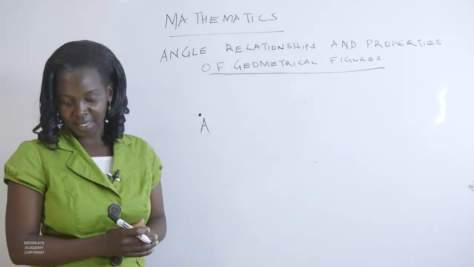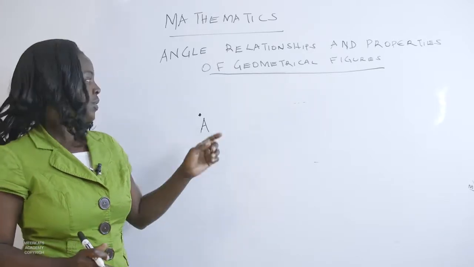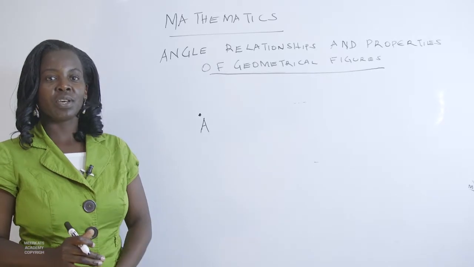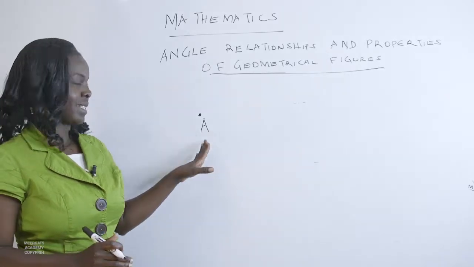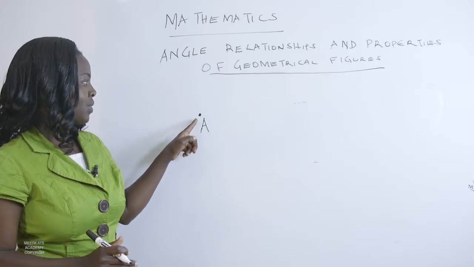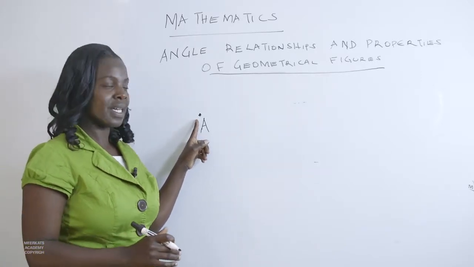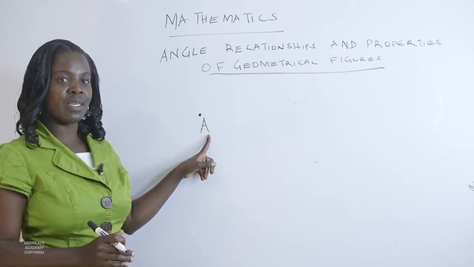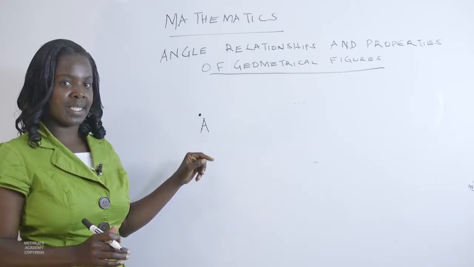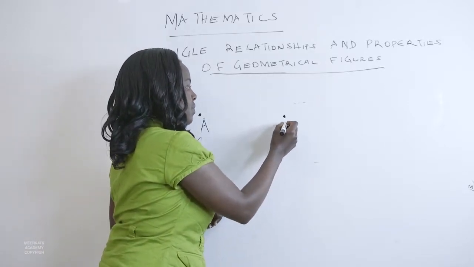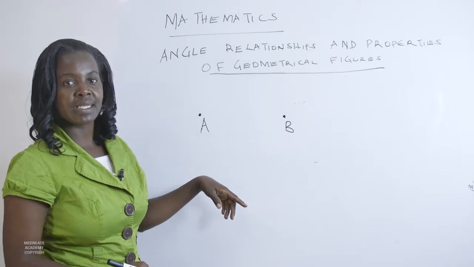A point is shown using a dot and is generally labeled using uppercase letters. So if we have point A, we'll use a dot to show that this is a point, and then we label using letters, but they should be capital or in uppercase. That is another point.